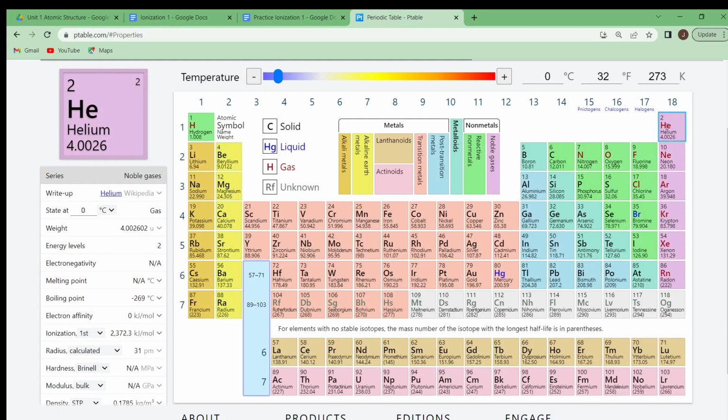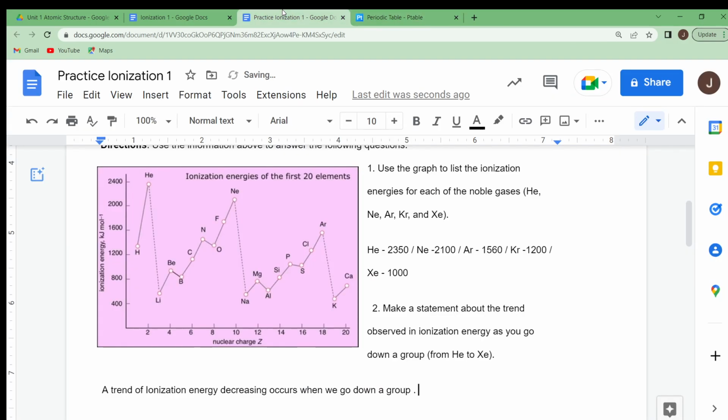And this relates really well to our idea of those energy levels: as we go down, this is essentially 1s, this is 2p, and with each energy level the atom gets bigger, and because it's bigger, it can't hold on to those electrons quite as well. So that's what's going on with these ones here.